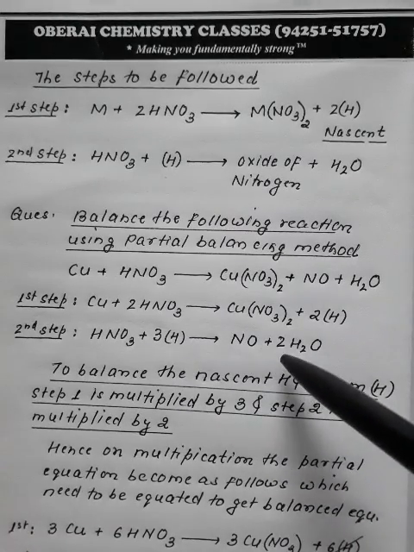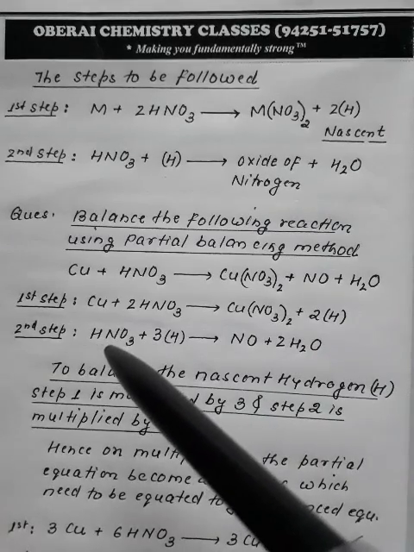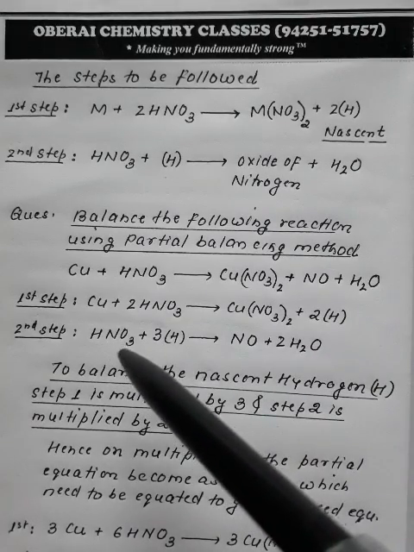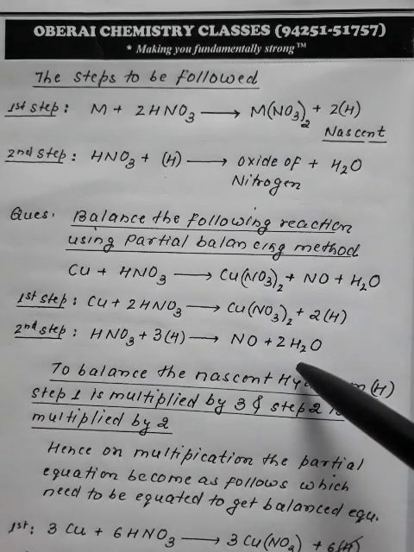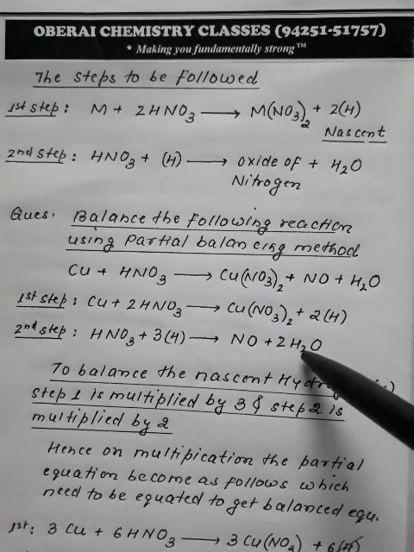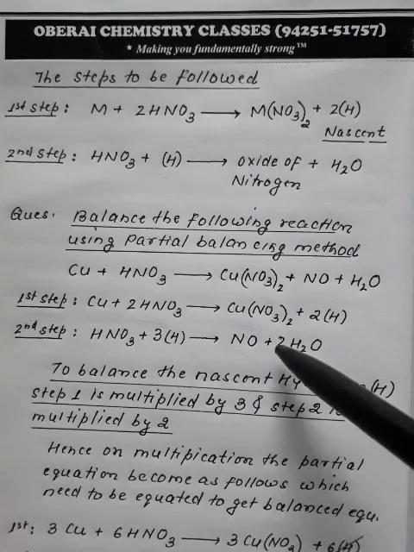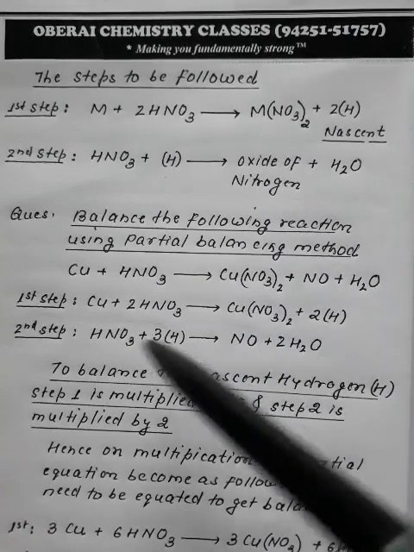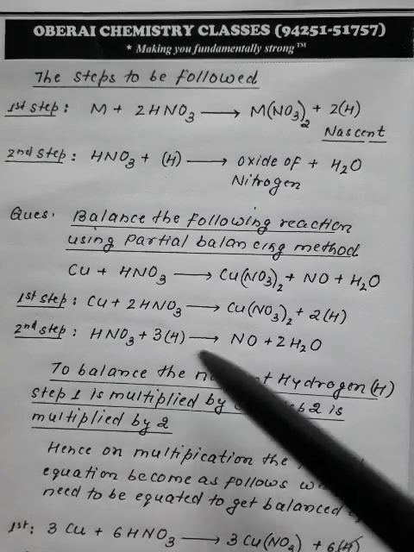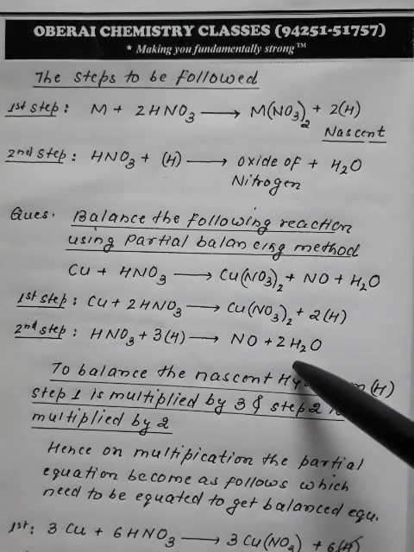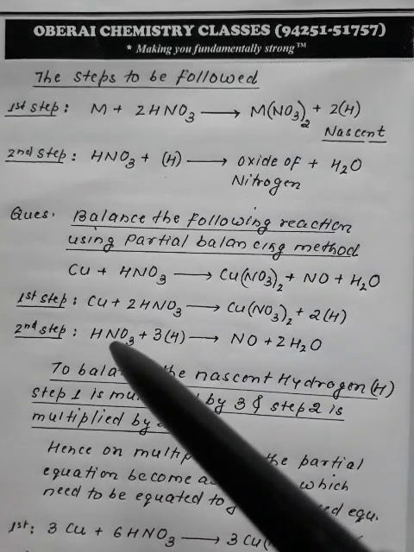But the problem is with the hydrogen. On the product side, with 2 H2O, there are 2 into 2, 4 hydrogen, while HNO3 contains only 1 H. So on the product side there are 4 hydrogen, and on the reactant side there is only 1.